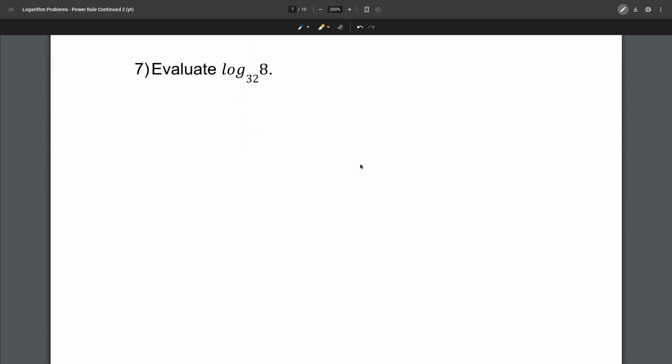All right, this next one, we're going to evaluate the log base 32 of 8. So I'm going to use my change of base formula. I'm going to write this as log base c of 8 over log base c of 32.